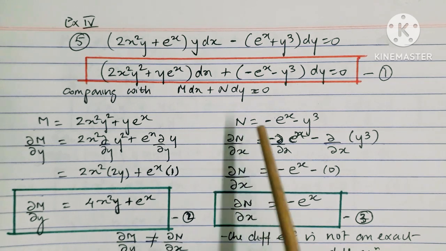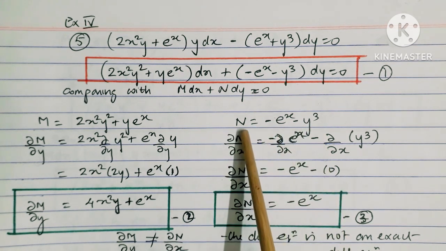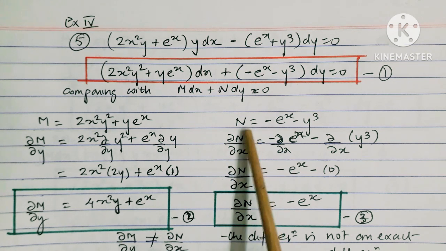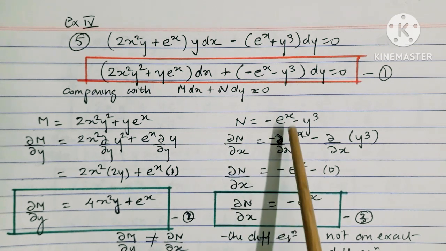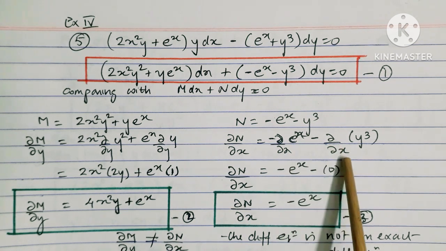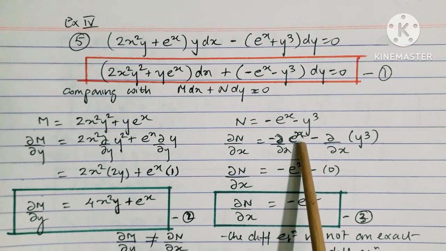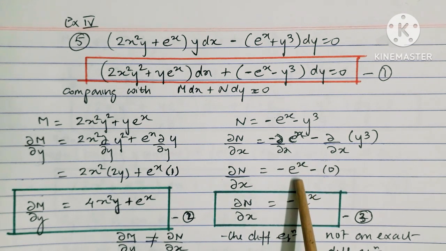Now N = −e^x − y³. And now we will have to differentiate N partially with respect to x. Therefore, ∂N/∂x will be equal to −∂/∂x of e^x − ∂/∂x of y³. Now, ∂/∂x of e^x is e^x.